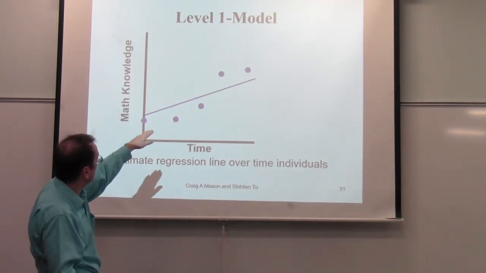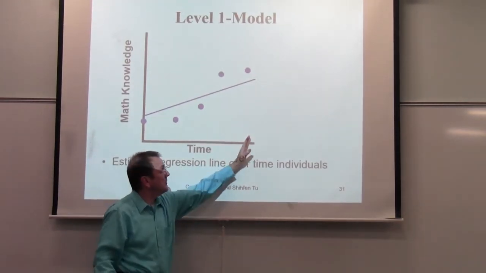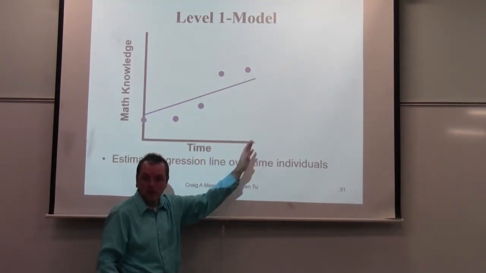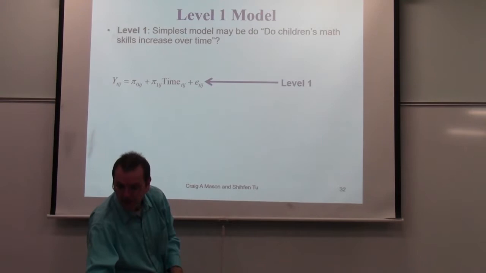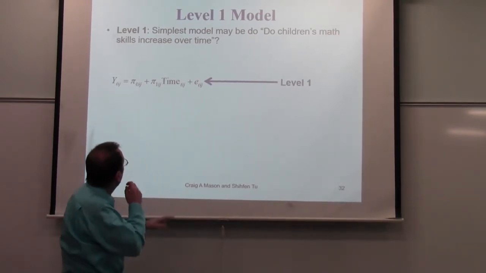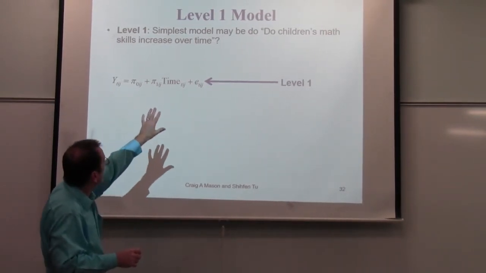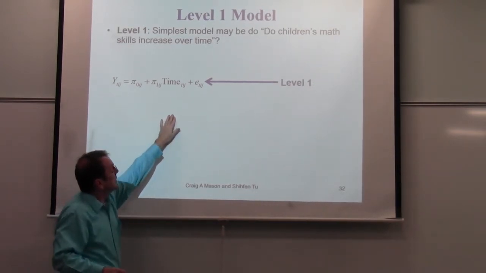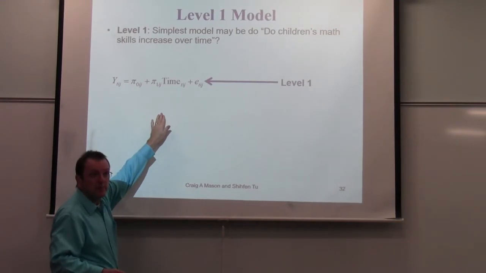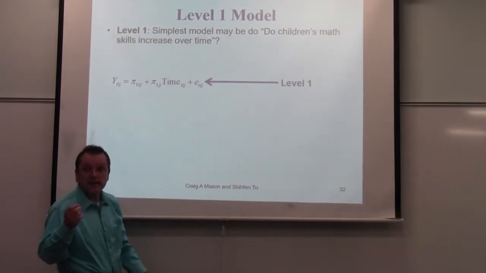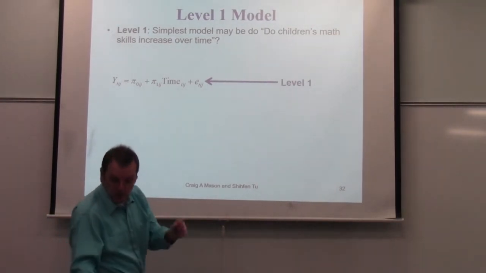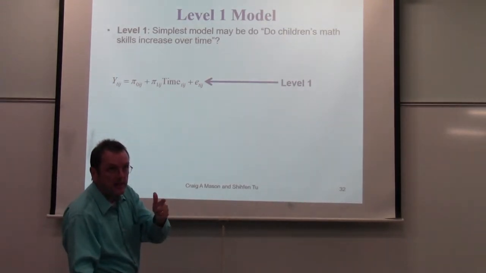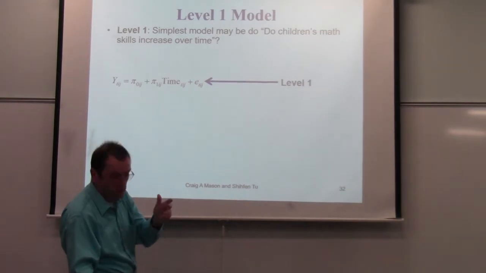It's that slope. Here's our predictor. You can think of time as 0, time 1, time 2, time 3, time 4. Remember again, with our level 1 model, our outcome is Y_tij, which is the score at time t for child i at school j.